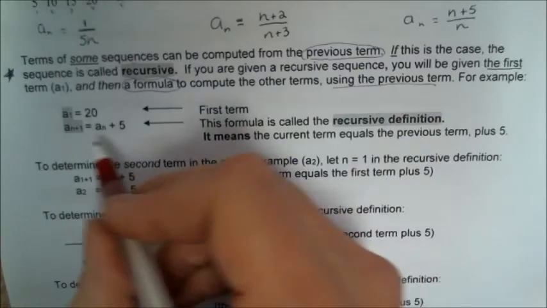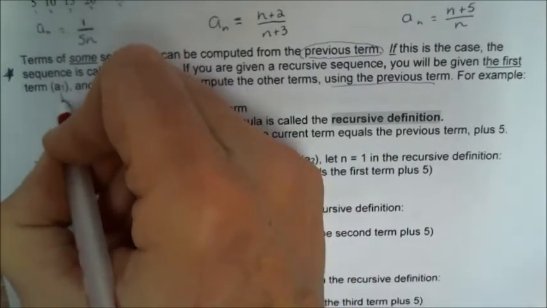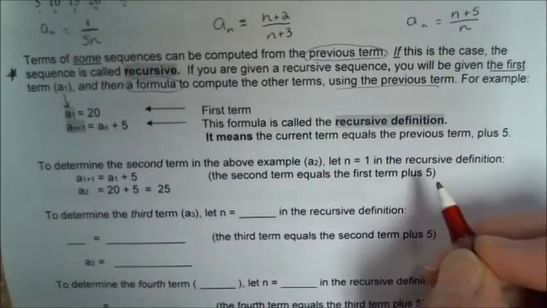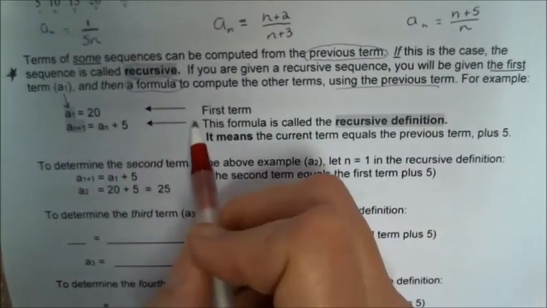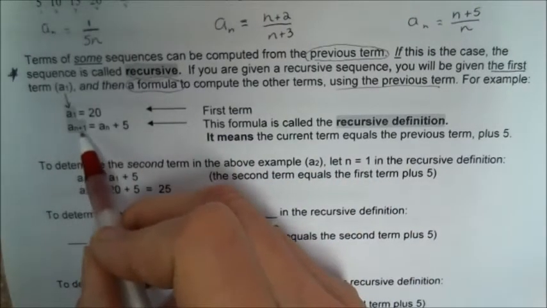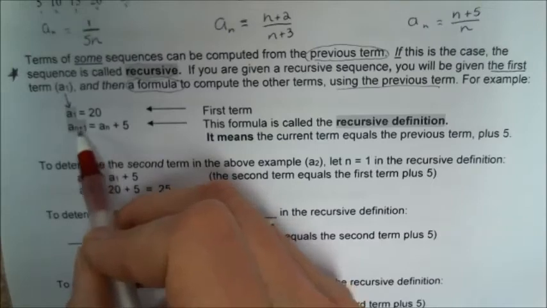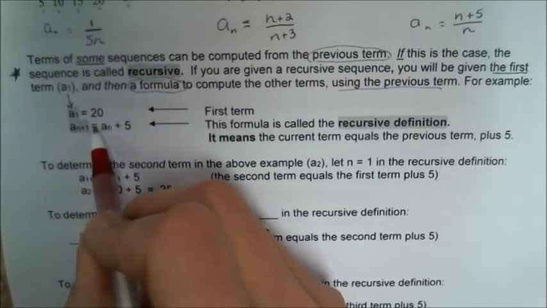For example, here's a recursive definition. It tells you the first term. The first term is 20. Then it gives you a definition. So here's your first term, and then underneath it, it gives you a definition. If you have a sub n plus 1, this means the next term.